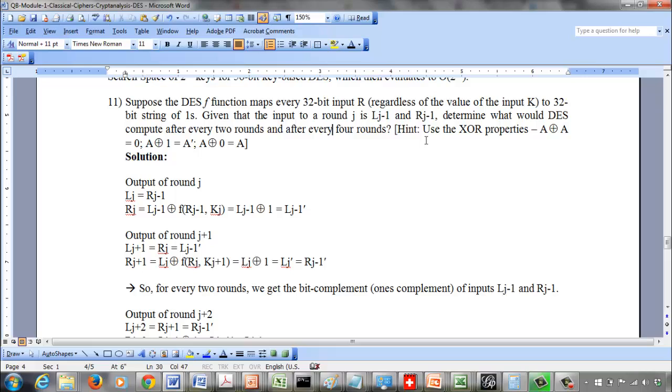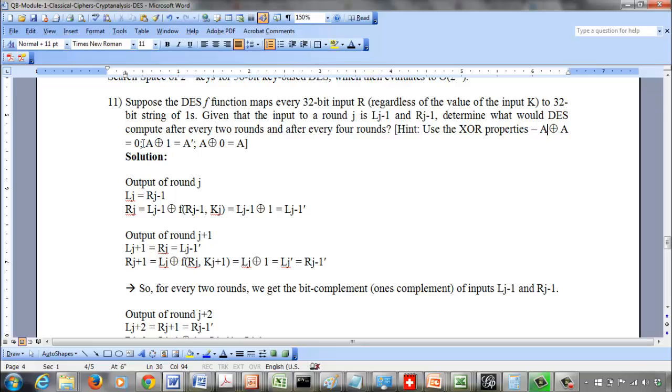Now to do this, we just need to remember the XOR properties. If I XOR some bit A with the same A, the answer is 0.